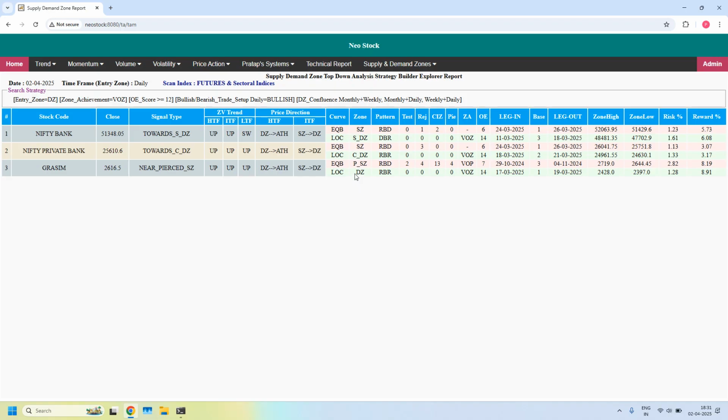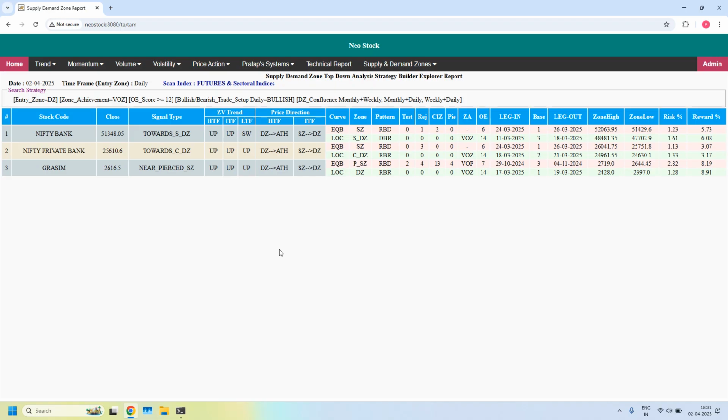So in these 3 stocks, the daily demand zones are overlapped with weekly demand zone. And both together again overlapped with monthly demand zone. And monthly trend is up in all the 3 stocks. If any of these stocks' monthly demand zones are having monthly EMA confluence, then the filtered stocks having daily demand zones are having even more high probability to get success.